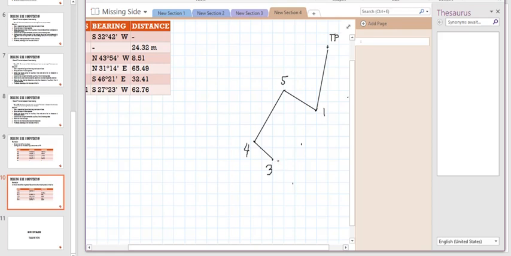So let's say this is point 2, or it could be here, as long as the bearing from point 1 to 2 is satisfied. So let's say point 2 is here.